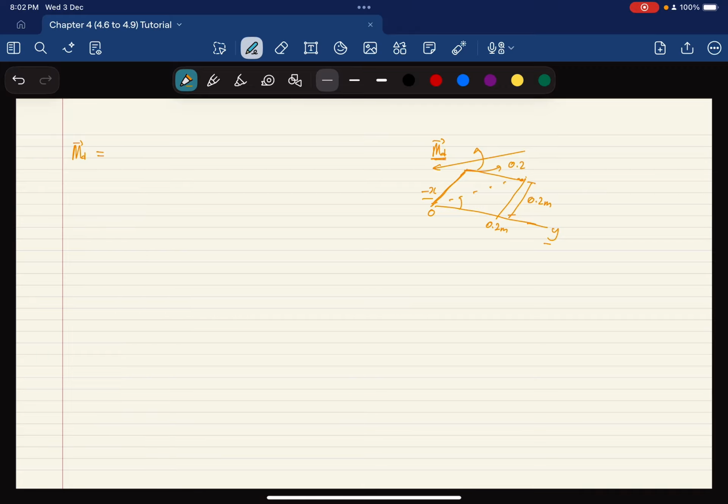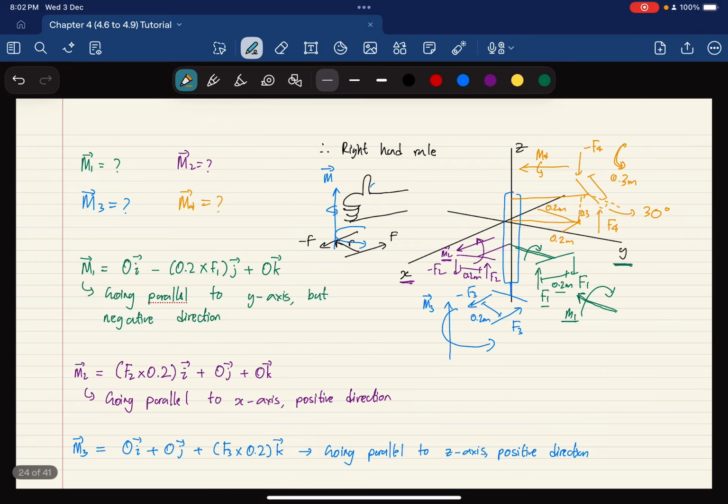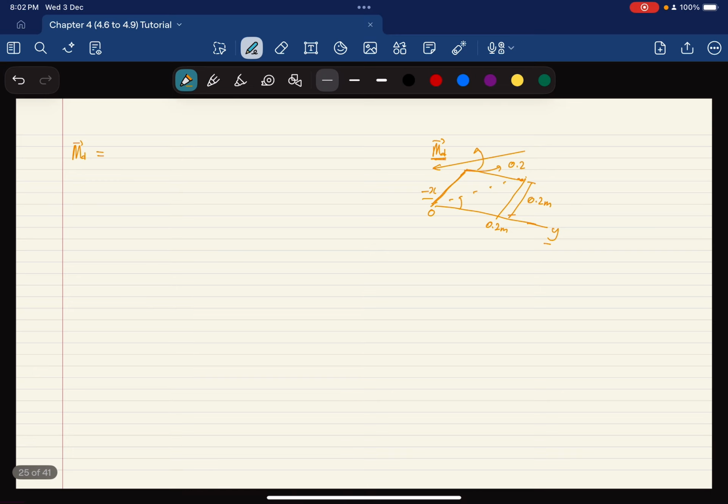Now first, we need to find the turning effect of M4, which is quite simply F4 times 0.3 cosine 30, because it has to be perpendicular, remember?